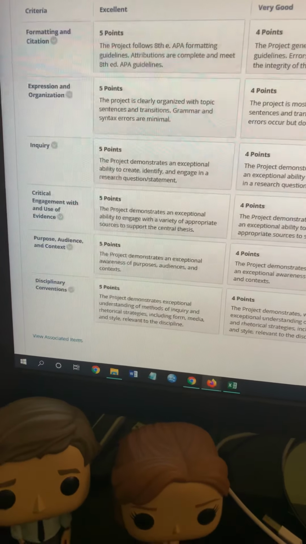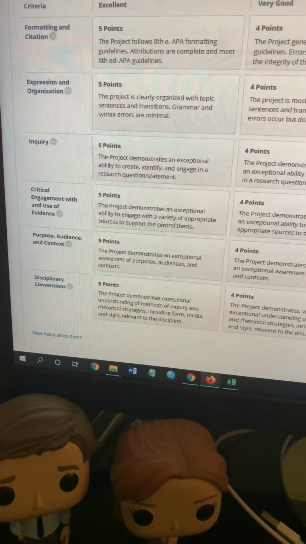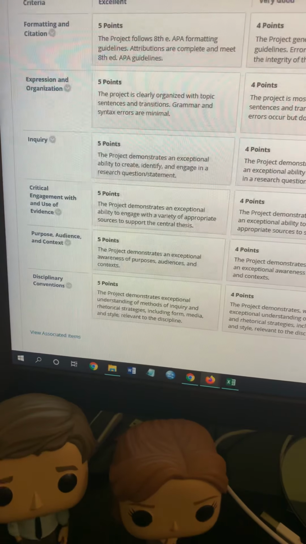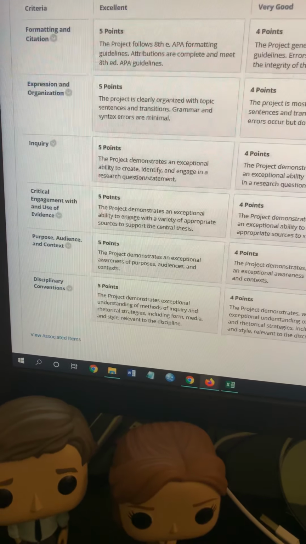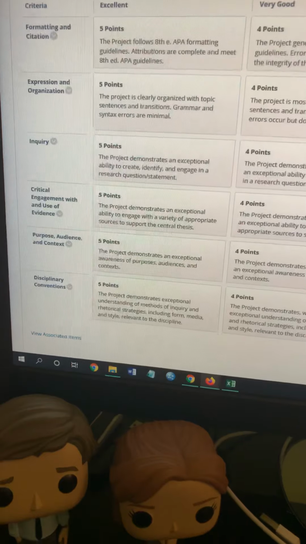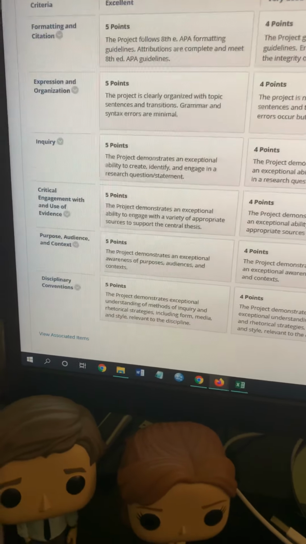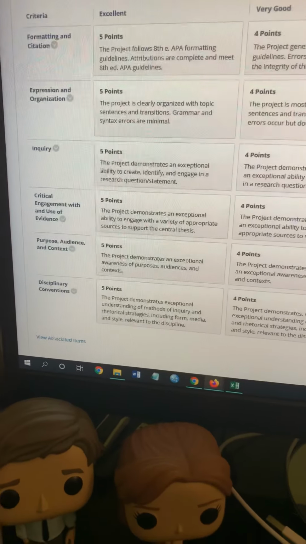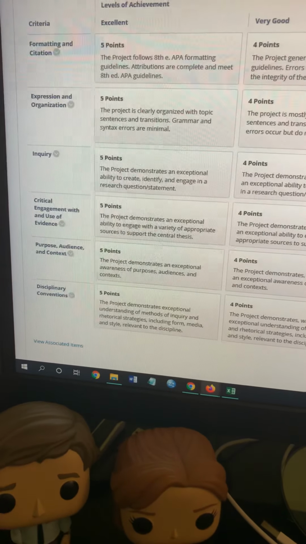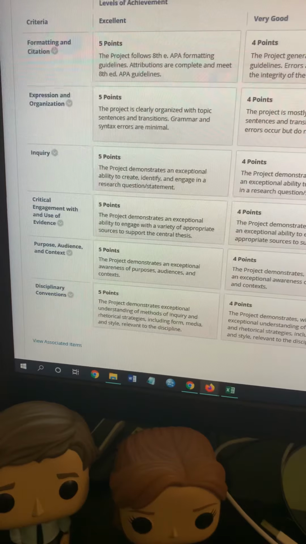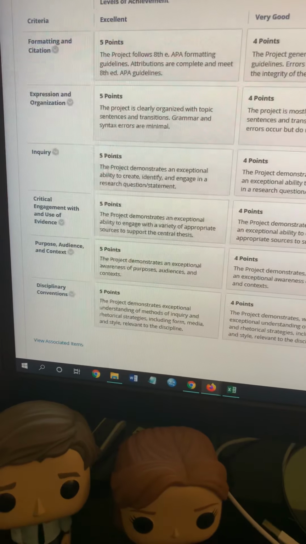And that is well argued throughout the paper. You might get points off here if you have a strong thesis statement in and of itself, but your paper does not support that thesis statement. So this is where we're looking at, do you have a strong thesis, and then do you argue that thesis well throughout the paper? So that's what that's looking for.